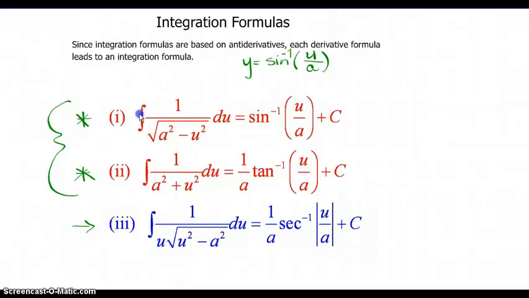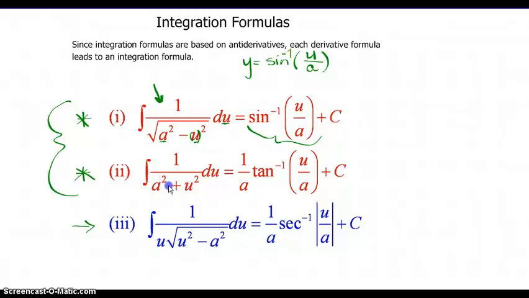But if we are integrating something that is definitely the derivative of the sine inverse function, then we know its antiderivative is the sine inverse of u over a. So we're going to look for 1 over the square root of a constant squared minus some expression in x squared. And when we see that, we're going to be doing u substitution.